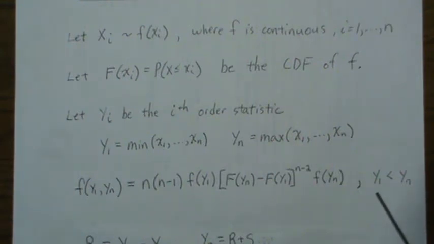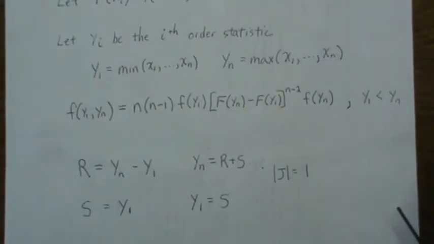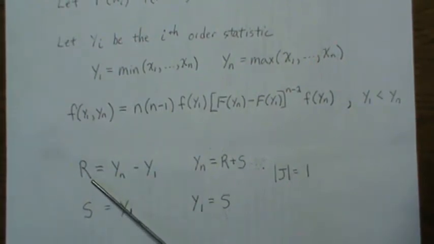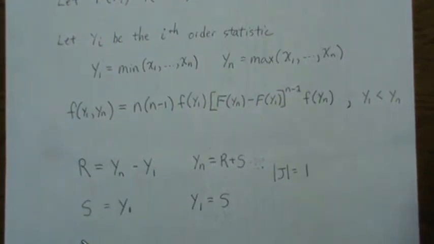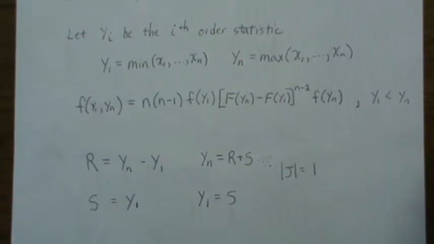Now note that y1 must be less than yn by definition. So we're going to set up a mapping here. We're going to go from R2 space, which is y1 and yn, and we have to map it to R2 space. So the variable of interest is R, our sample range, which is the largest minus the smallest. Then we create a sort of dummy variable to find the joint distribution, and then we integrate out this at the end.